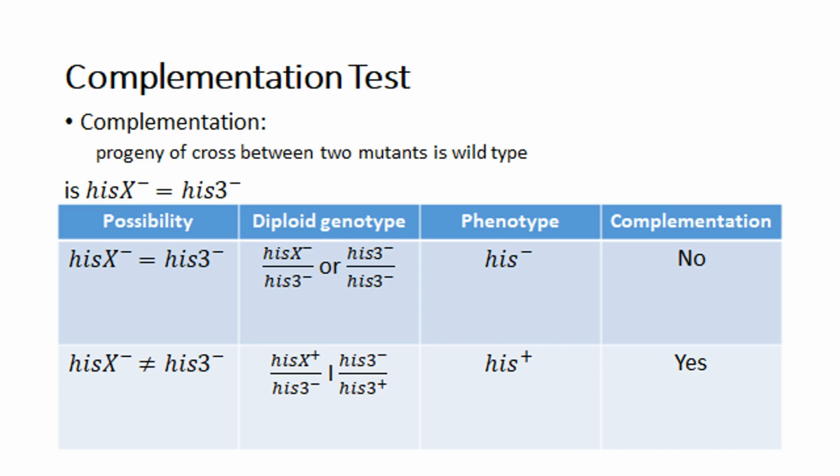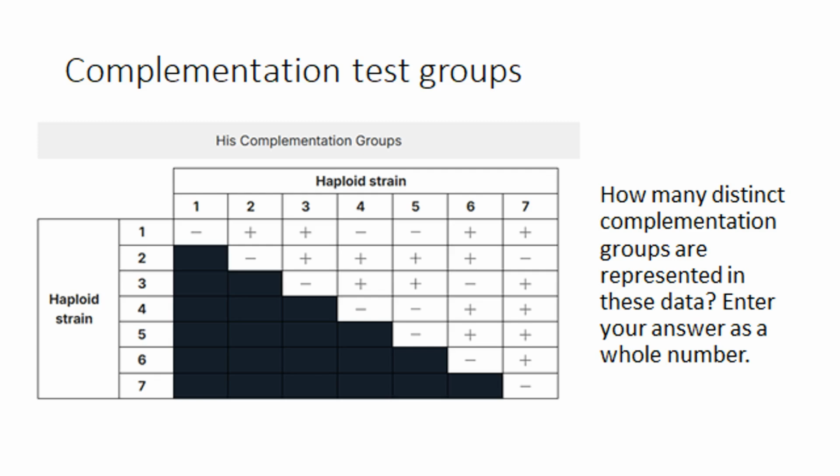Technically, we can apply the complementation test in histidine complementation groups. We call them histidine complementation groups. We make crossings between the groups, as this table shows, haploid strain with haploid strain. Haploid strain means the organism, from groups 1 to 7, has only one allele in its genome.